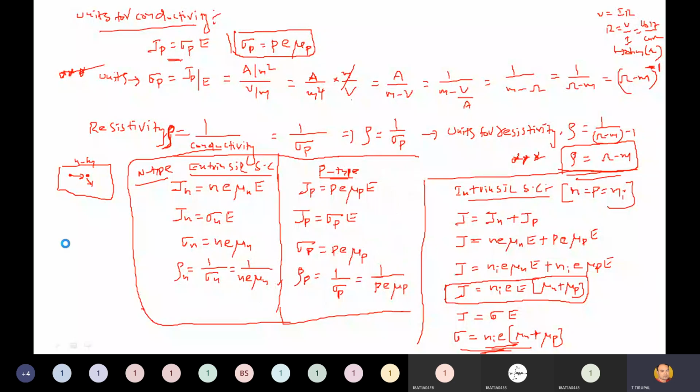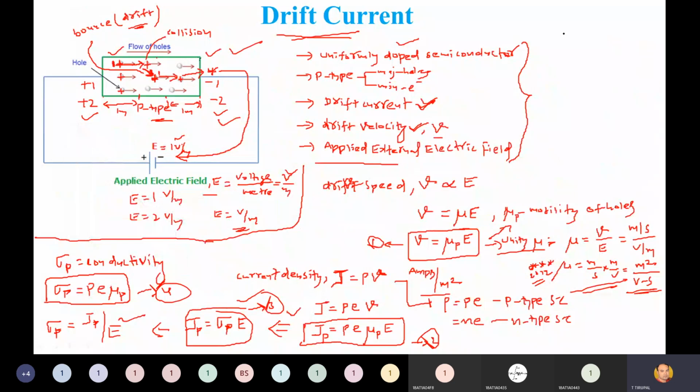Resistivity in terms of area can be written as rho is equal to capital R A divided by L. This is another formula.